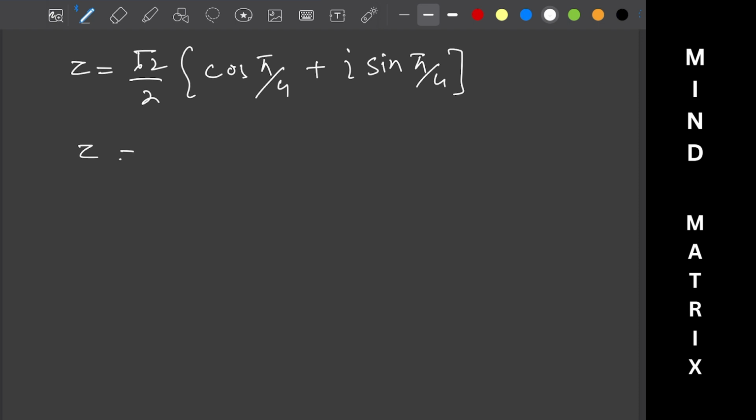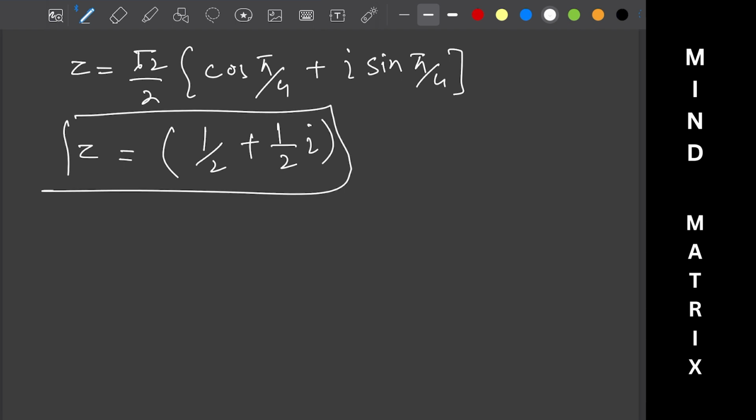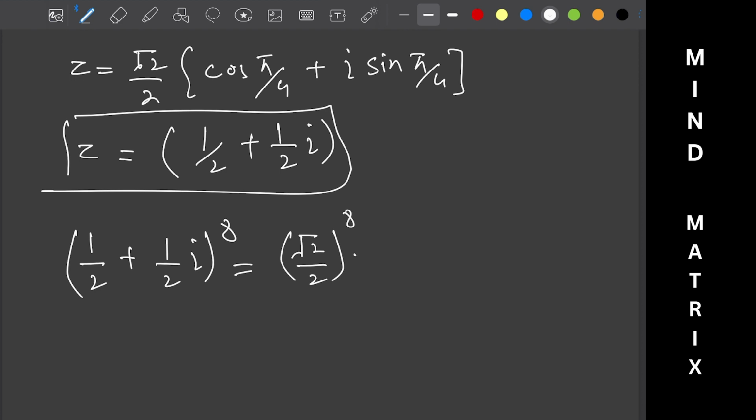Let me write it here again. Now we have the value of z equals 1/2 + 1/2 i, from the question. Now (1/2 + 1/2 i)^8 equals (root 2 over 2)^8 multiplied by (cos π/4 + i sin π/4)^8.